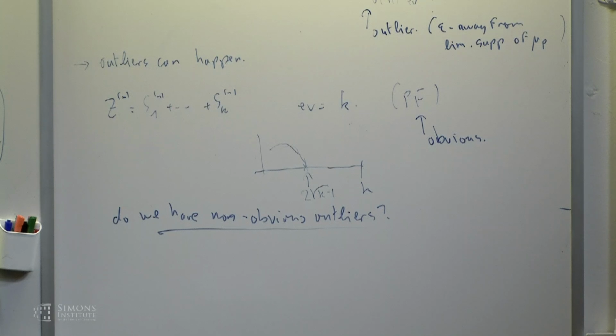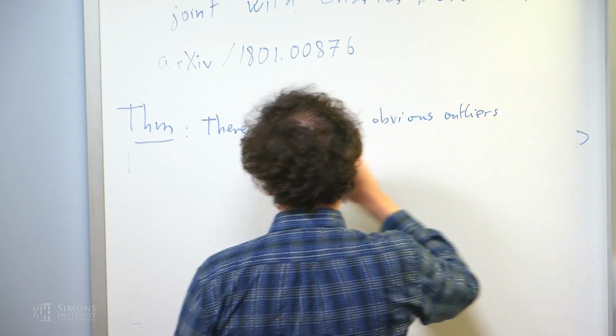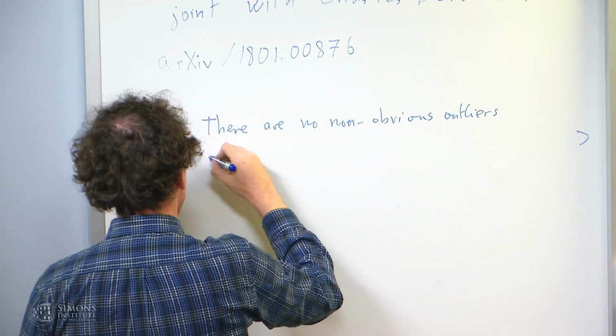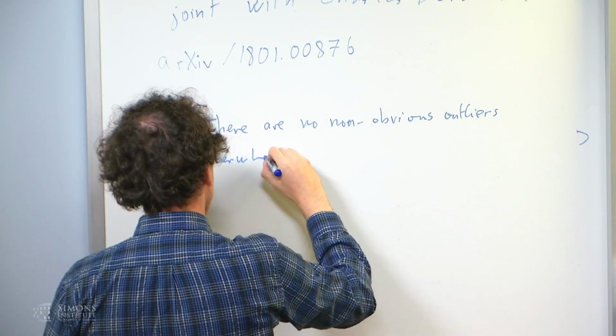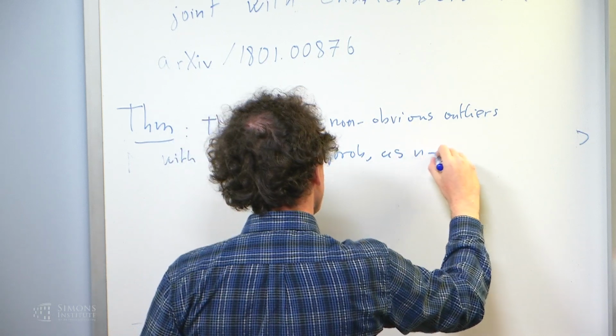The theorem which I want to present today, as a shorthand statement, is: there are no non-obvious outliers, with probability going to 1 as n goes to infinity.